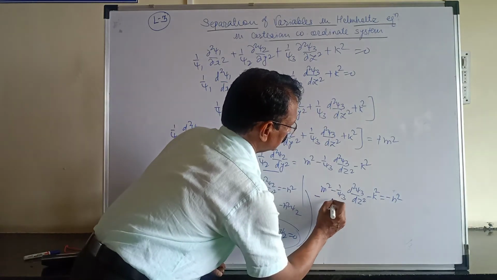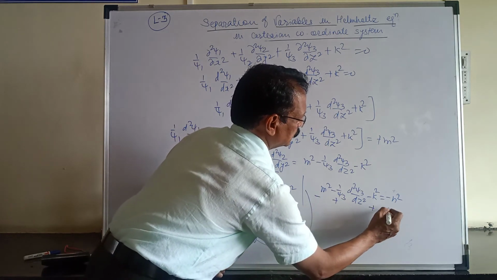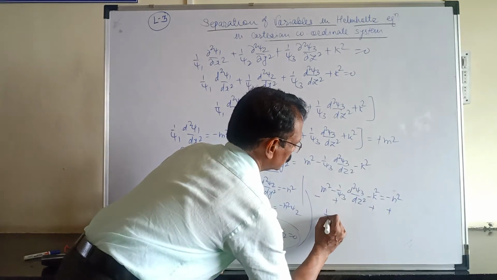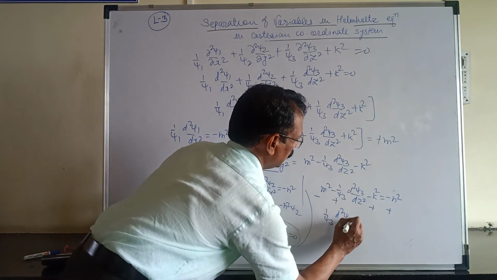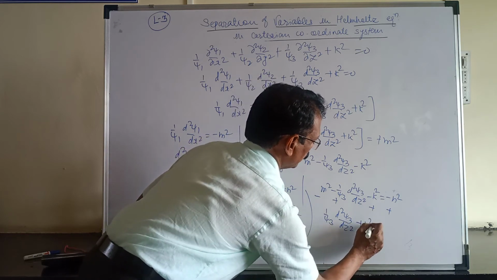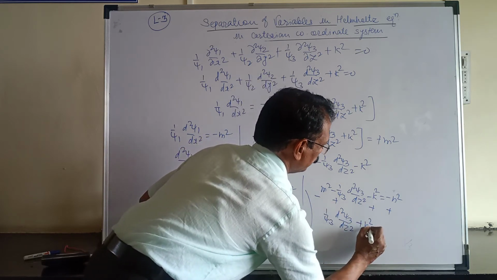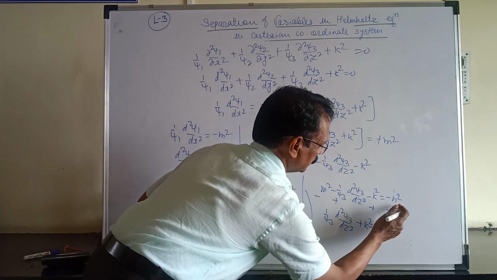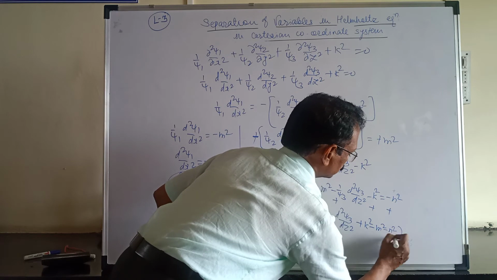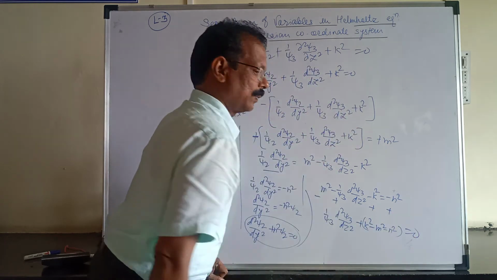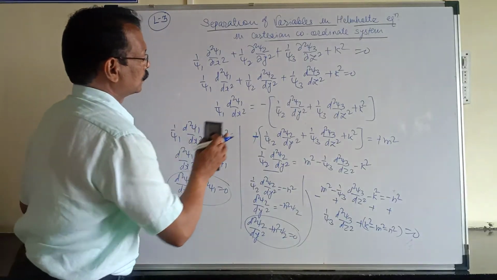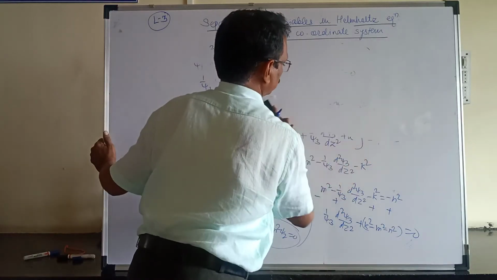So this becomes minus, this becomes plus, and this becomes plus, and this becomes plus. So rearranging the terms, what we get is (1/ψ3)(d²ψ3/dz²) + k² - n² - m² = 0. This term we have to take to the left hand side. Okay, now we can rearrange the terms here.